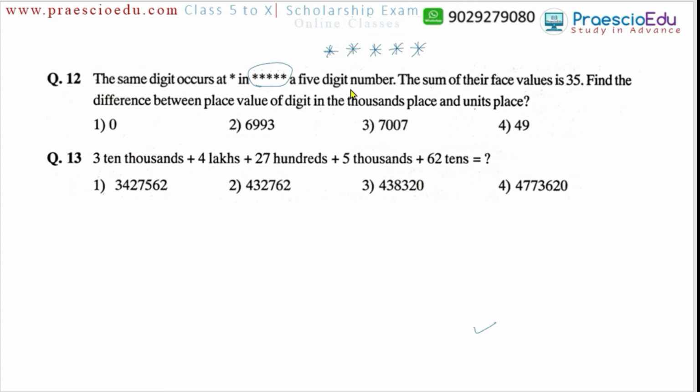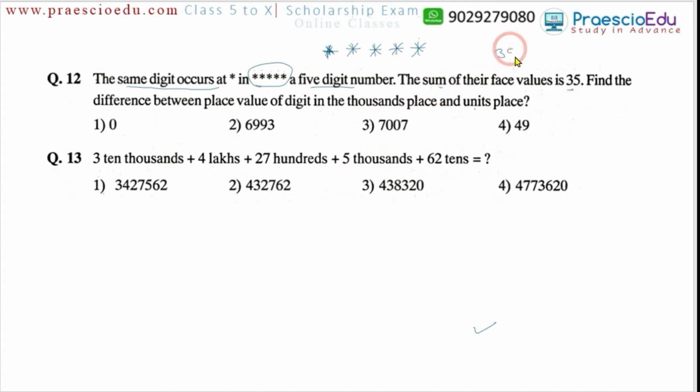Okay, a 5 digit number, the sum of their face values is 35. So what are the face values here? The same digit occurs, meaning the same digit is repeated, and this is a 5 digit number. So whatever the digit is, we add the same digit and the summation comes to 35.